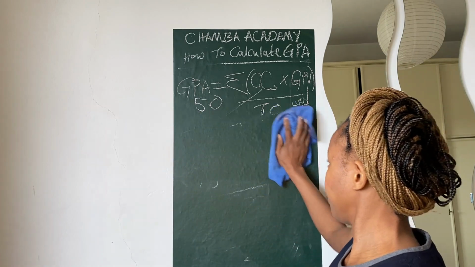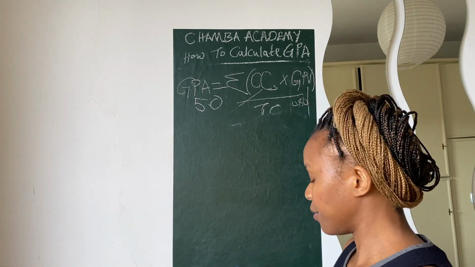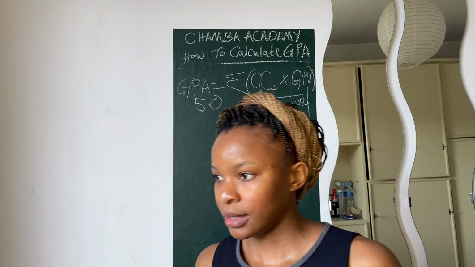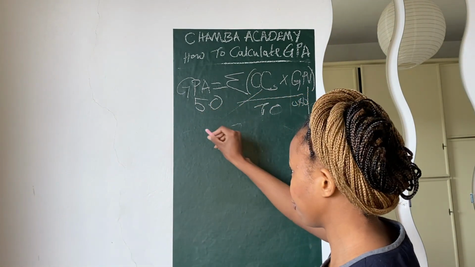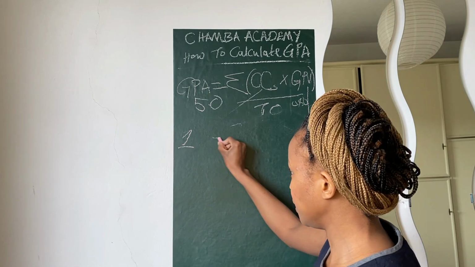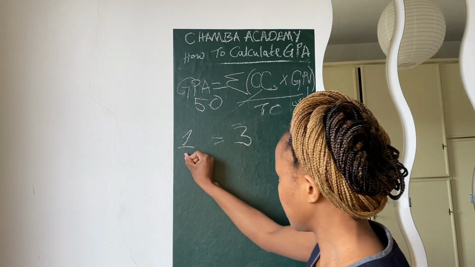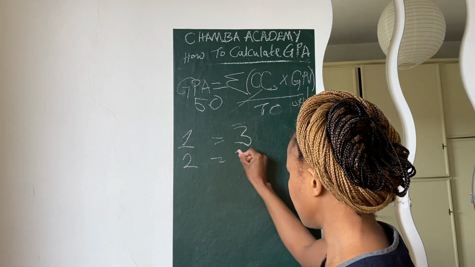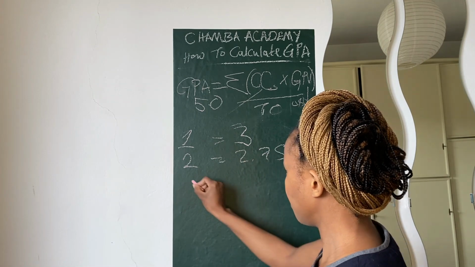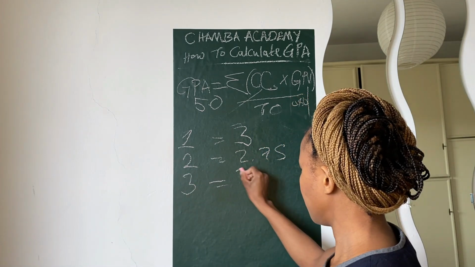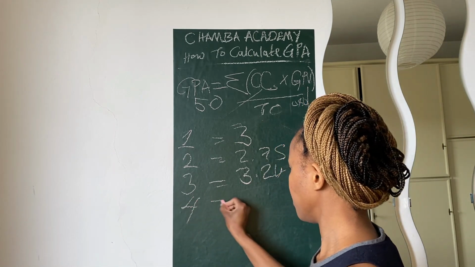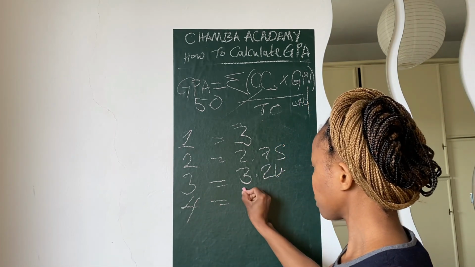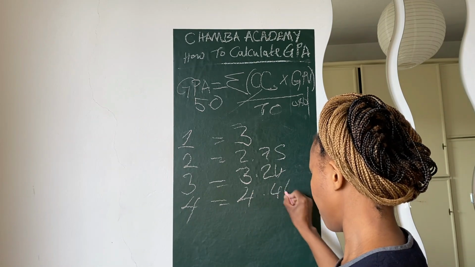So you have noted that in all the courses that I had accumulated, first year we said 3, second year we said 2.75, third year we said 3.24, fourth year we said 4.44.